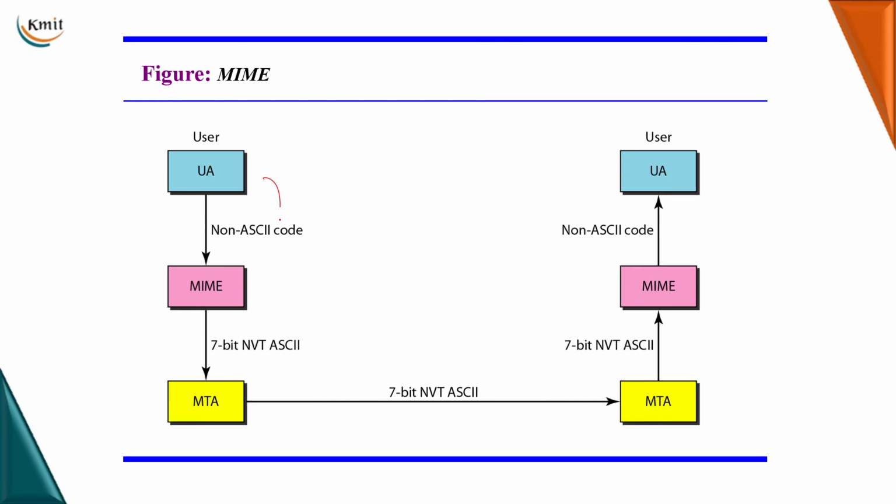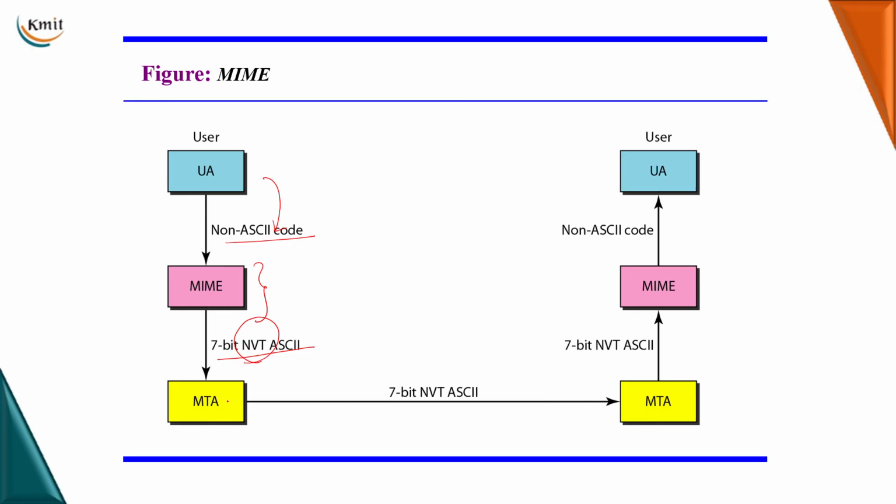email. The user agent will make a message with the non-ASCII data, where the MIME protocol will convert this non-ASCII data to a 7-bit NVT ASCII data, Network Virtual Terminal. We have spoken about this NVT also in a video made on Telnet.